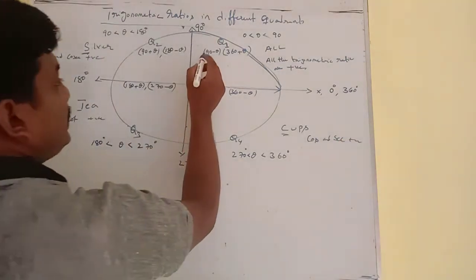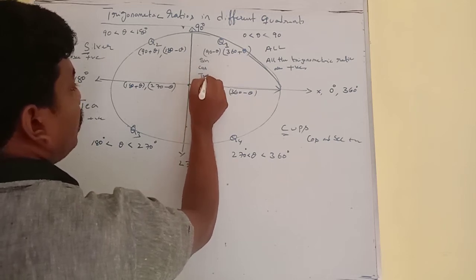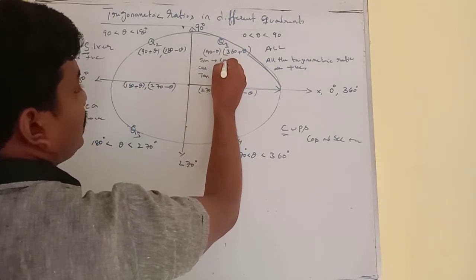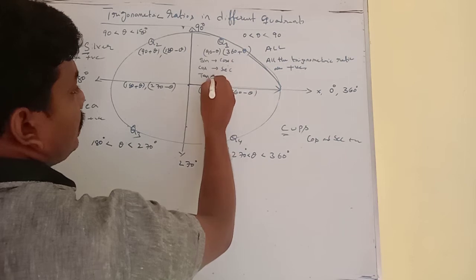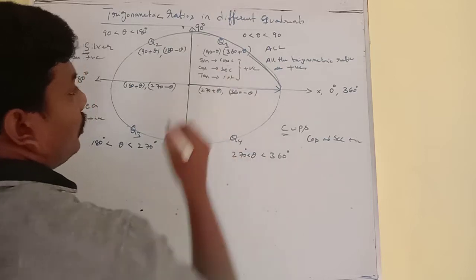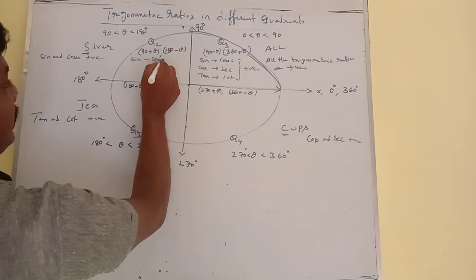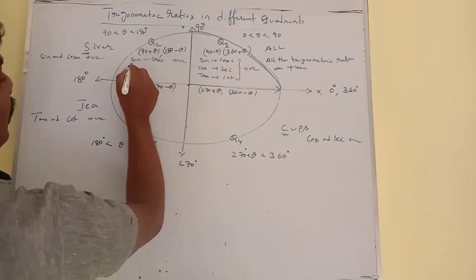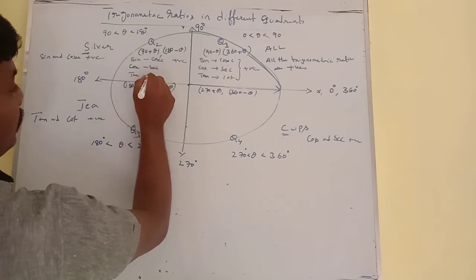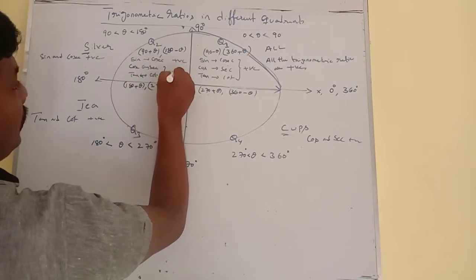That means what about this: sine, cos, tan, and its reciprocals cosecant, secant and cot. All are positive. Then coming to sine, its cosecant is positive here, and cos, secant, tan, cot, these are reciprocals, these two are negative.